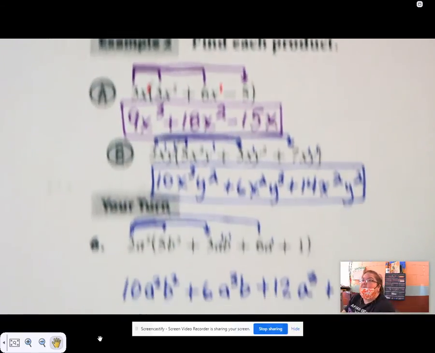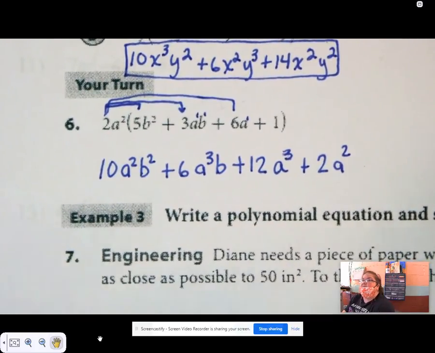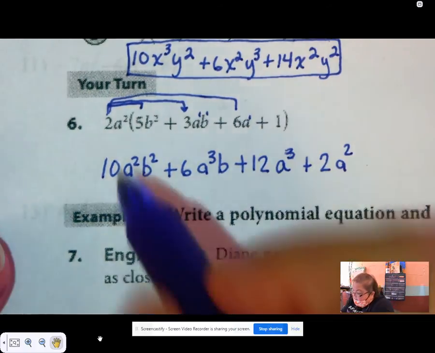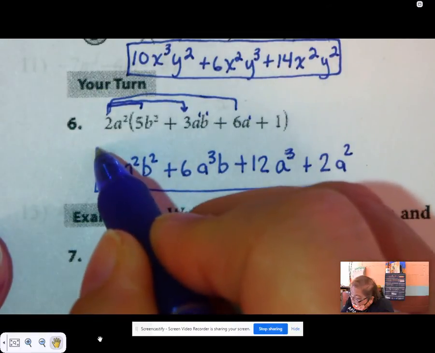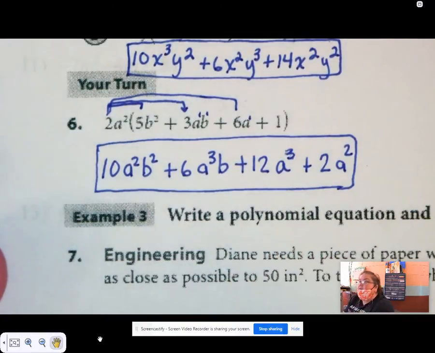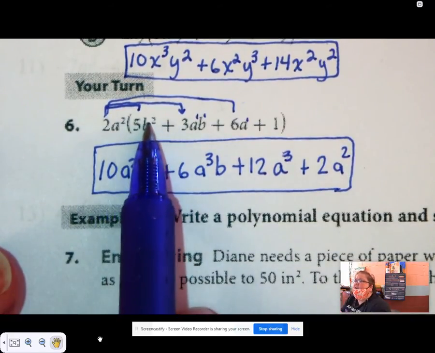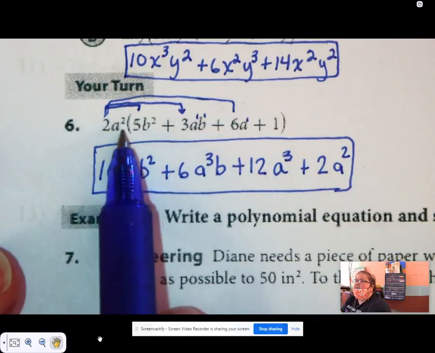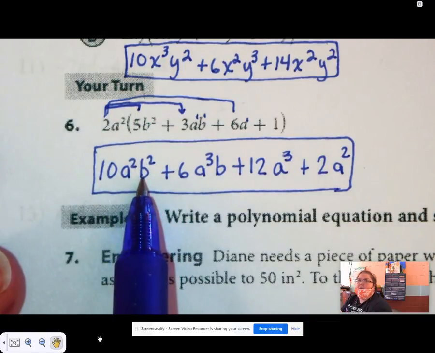All right, ladies and gentlemen, check your answer with 9, please. So what do I do with this b squared if I can't add those? You just bring it down.